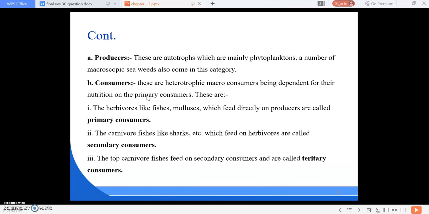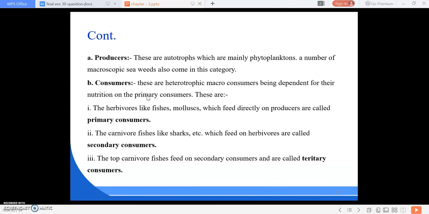Then we have studied how energy flows in an ecosystem, the trophic levels, and also the flow models of Odum and Lindeman, and the first and second laws of thermodynamics. And then we have studied food chains, food web and ecological pyramid, and the types of ecological pyramid: numbers, biomass and energy.